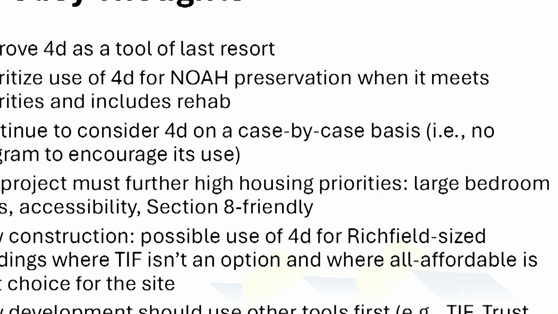Well, I guess I would say that I certainly think we need to keep 4D as a tool in the toolbox, because as it's been said, there are a limited number of tools we have. But I do kind of like the idea of using it on a limited basis, for special cases. Looking at the Hempel project, I supported that because I thought it was a very unique opportunity to preserve 3 NOAA properties. And when you look at the cost to the average median valued home of $7.45, that's a pretty modest amount.